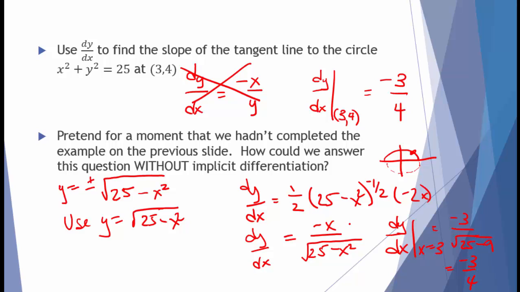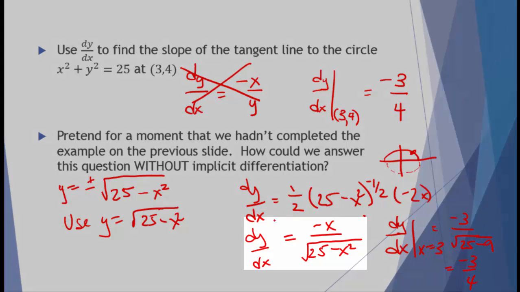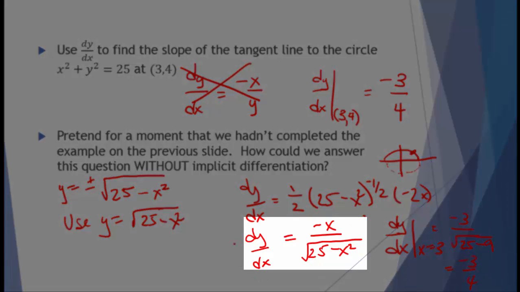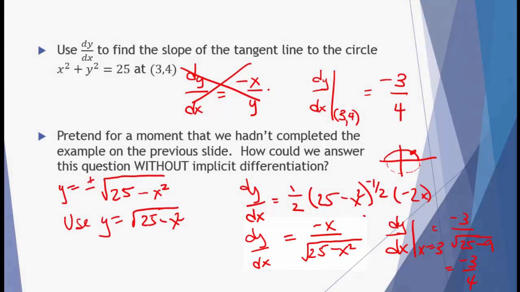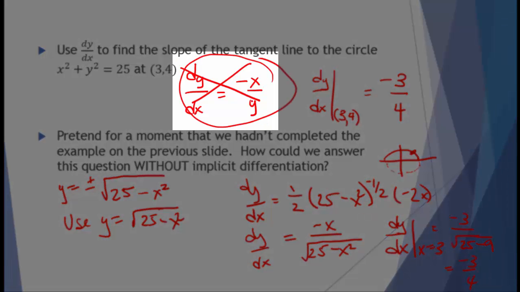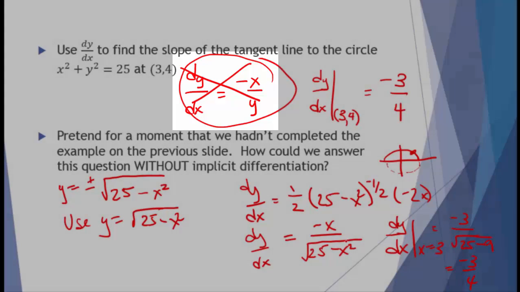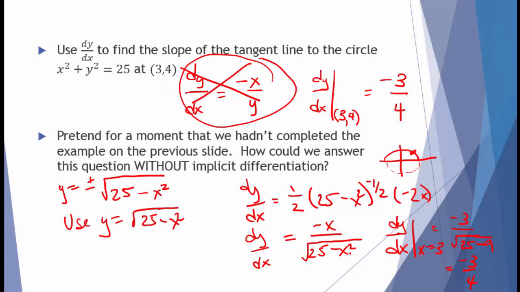I want you to take a look at something really quick. Look at that dy/dx again before we plugged in an x value. Notice it's negative x over the square root of 25 minus x squared. What was it we got as the derivative on that previous slide? We got negative x over y. Here we got negative x over the square root of 25 minus x squared.